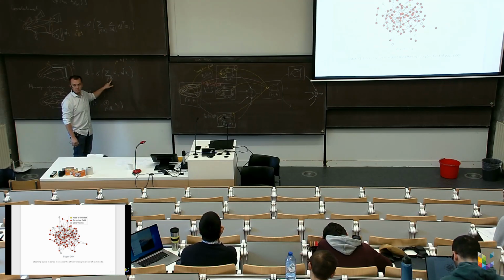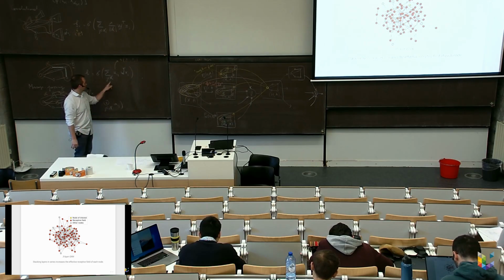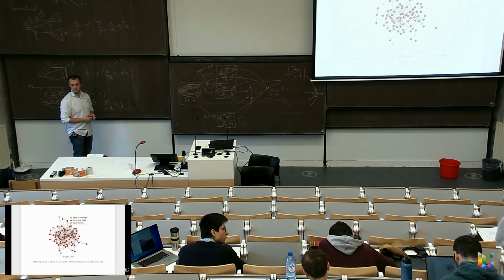Exactly as we did for convolutional layers, we said it's fine to use small kernels, meaning it's fine to use small neighboring sets, provided that we stack these layers in series, because that will be equivalent to increasing the size of this neighboring set or increasing the size of the receptive field.